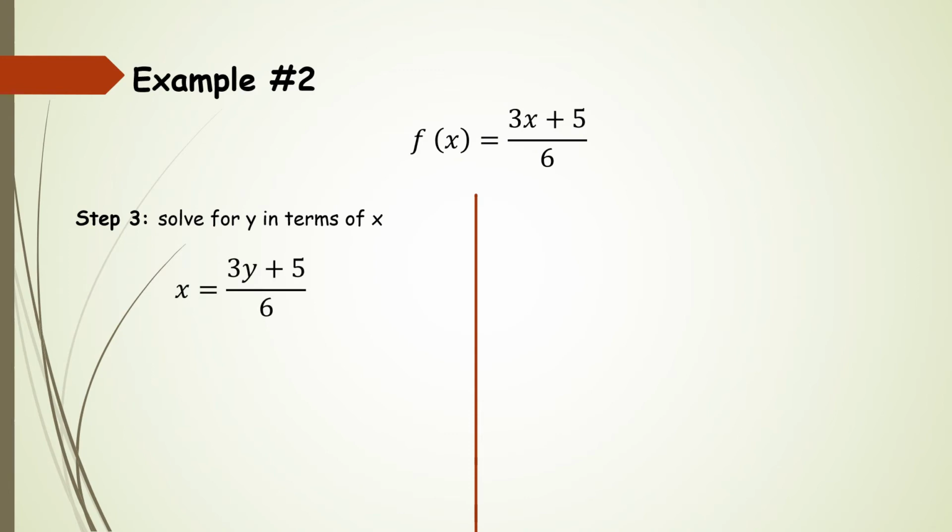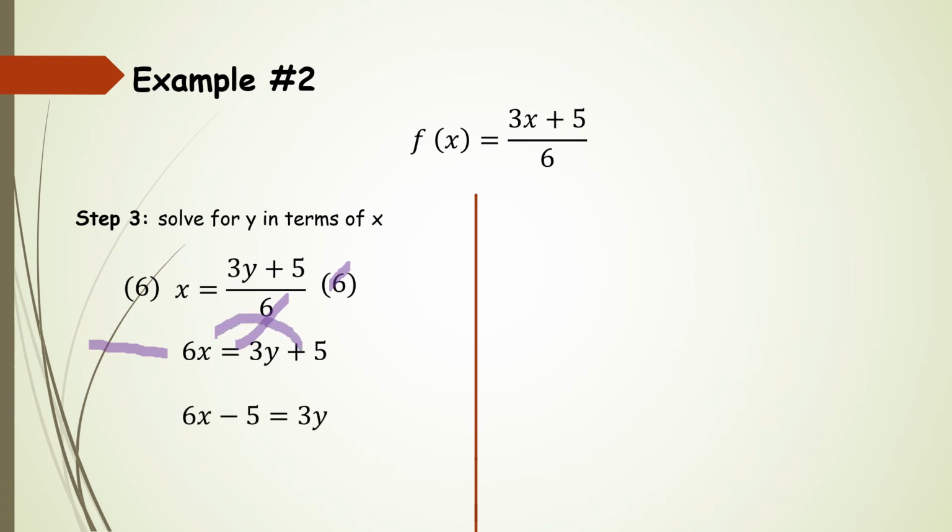Since we have x is equal to 3y plus 5 all over 6, multiply natin both sides by 6. So this one will be cancelled. And we have 6x is equal to 3y plus 5. Kung mapapansin nyo, ito rin yung nasa step 1 ng ating solving inverse intuitively. Then, transpose lang natin ang 5 natin sa kabilang side. So, magkakaroon tayo ng 6x minus 5 is equal to 3y.